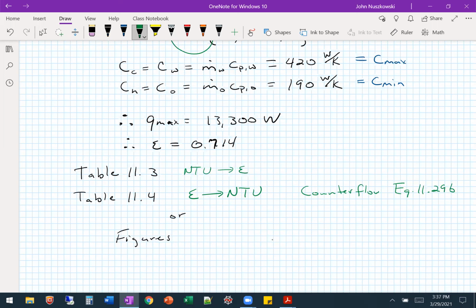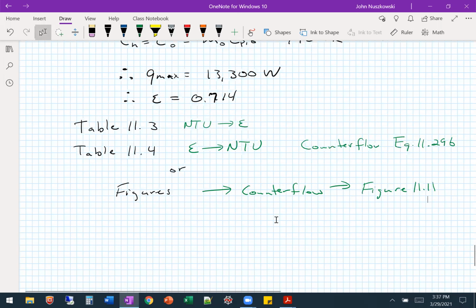Okay, and again, we have counterflow, and that ends up being figure 11.11. Okay, so I'm going to use the figure to get a quicker answer.